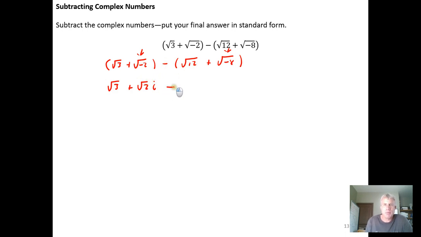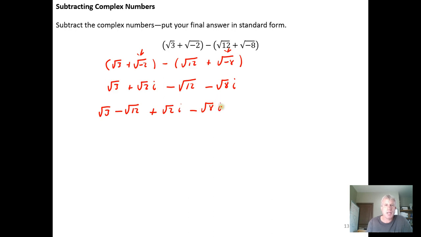Distribute the minus, so I'm going to get minus the square root of 12 minus, and a negative and a positive will give me minus, and I have the square root of 8 times i.